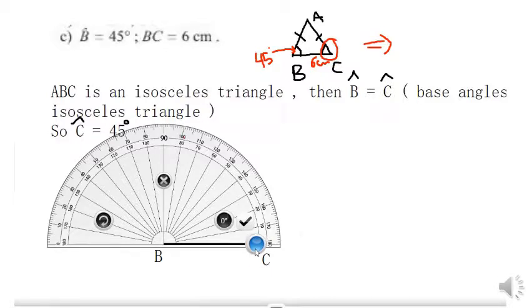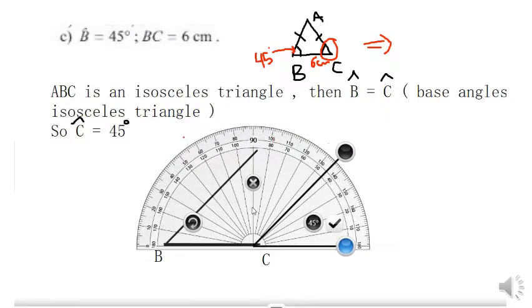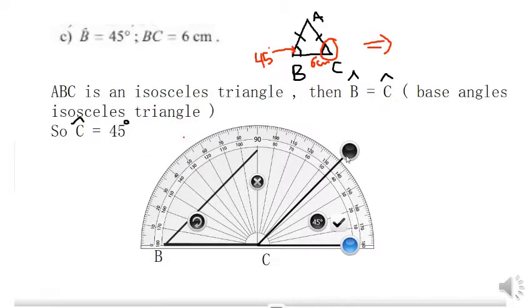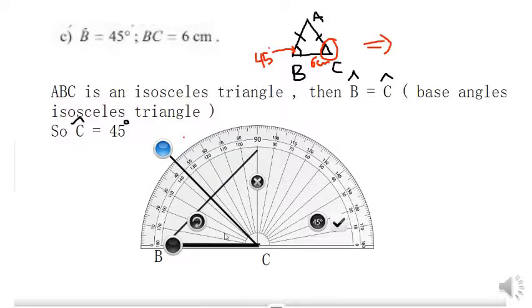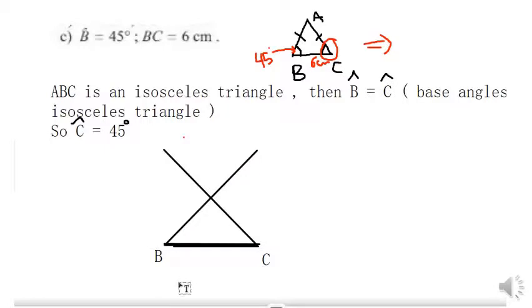Okay, so the angle B is equal to 45 degrees. Let's measure 45 degrees. This is 45 degrees. Okay, we mark the first angle, then put it on C and measure 45 degrees. This is 45 degrees. Okay, and draw a semi-line from C.